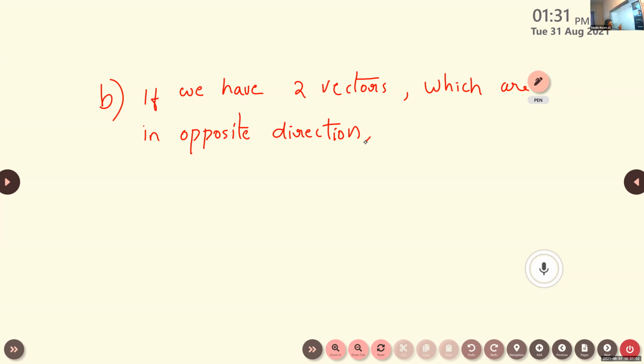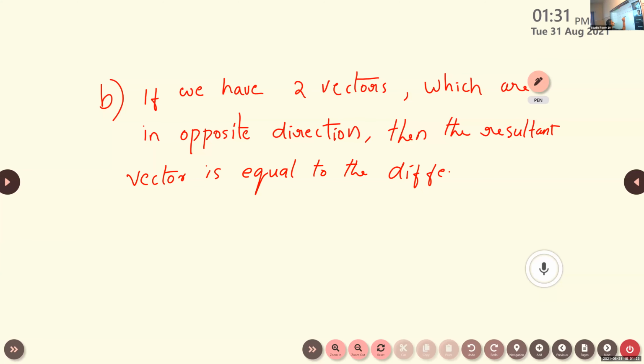Then the resultant vector is equal to the difference in magnitude between the two vectors.